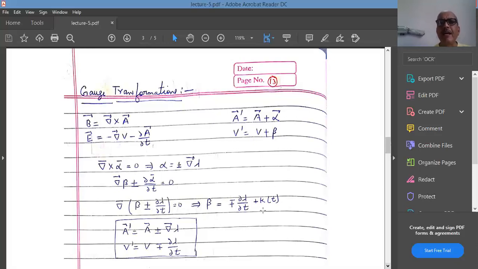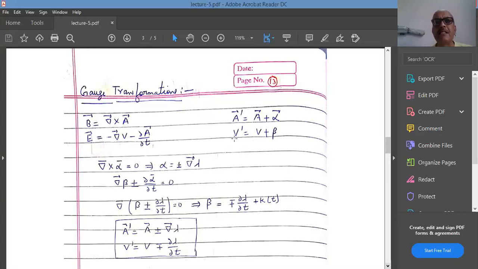So that is why we have to include a time dependent function here also, but that will not change this basically, because del lambda over del t is also a function of time. Therefore, adding this number will not change the transformation, because that is a constant number. So with this information, we can write A dash equal to A plus minus gradient of lambda.